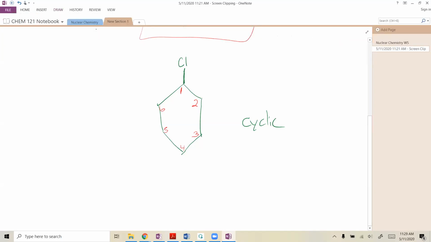And I can start to attach my other groups. So that means that 3 has to be what coming off of there? Iodo. Iodo. And then we have what coming off of number 2?